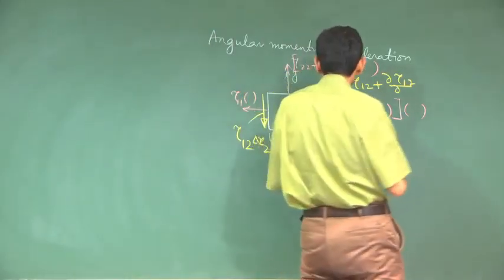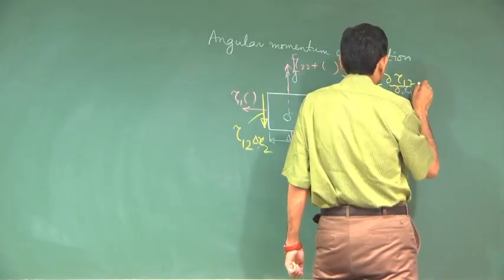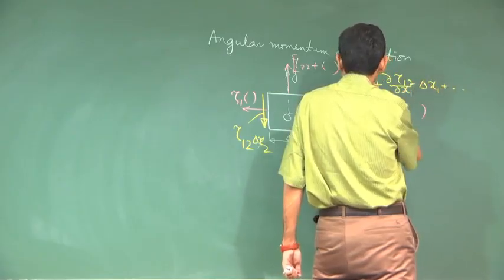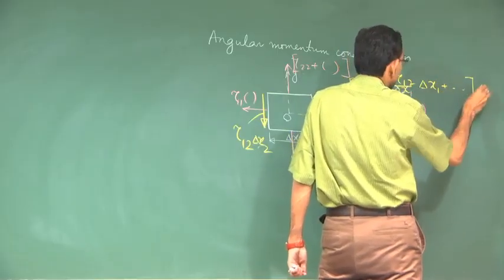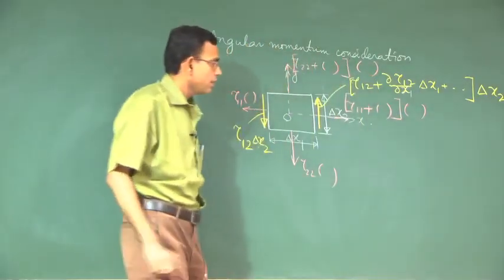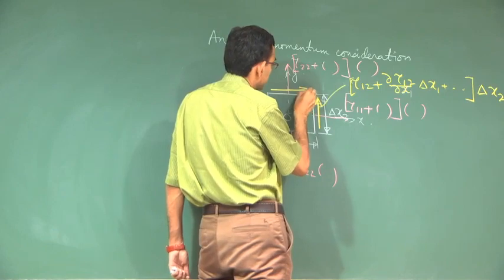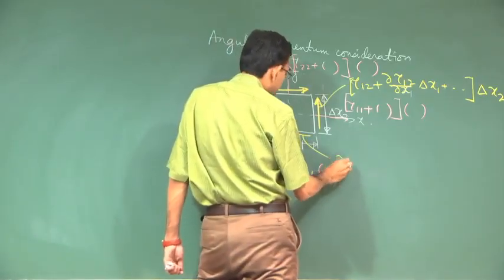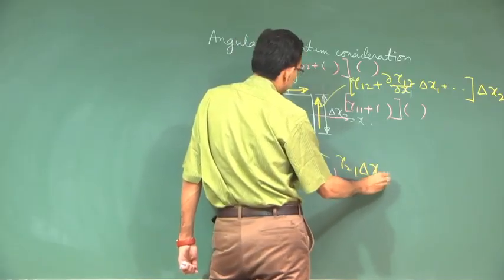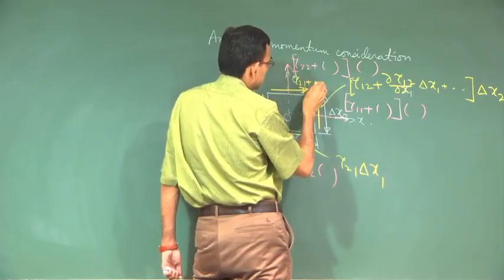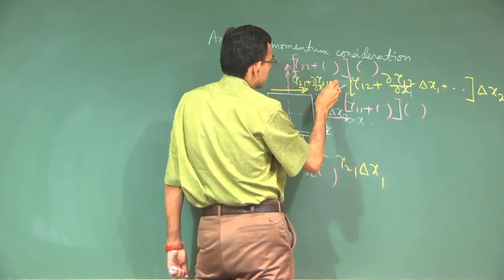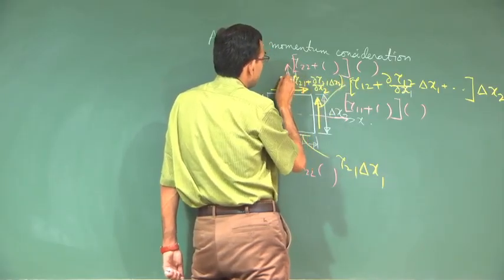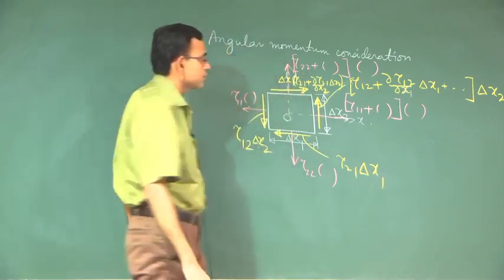Then there will be shear forces. The name of this is tau 21, times delta x1.